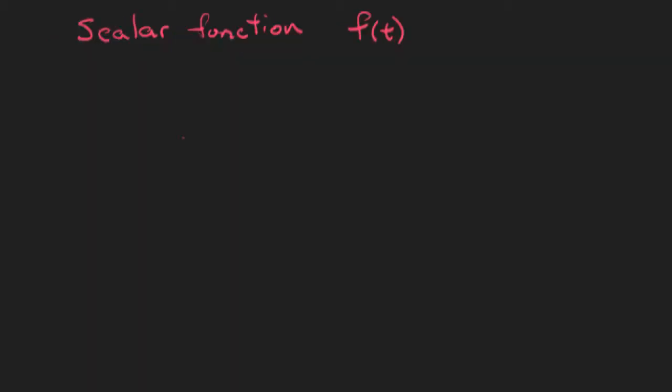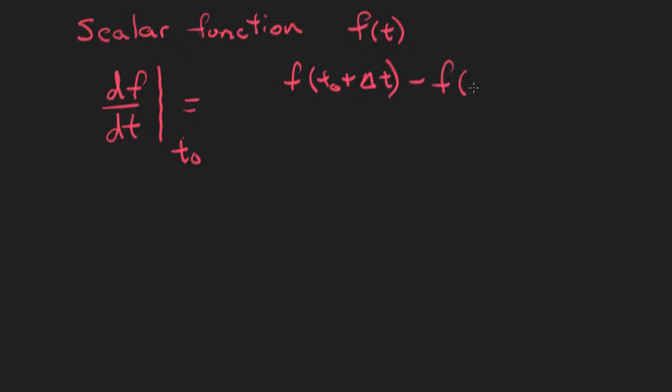Well, to see what's going on, let's go back to the scalar derivative. So here's a function f, it's a scalar function. Then the derivative of f with respect to t, evaluated at some time I'm going to call t0, is going to be the change in f divided by the change in t. So I have f at t0 plus some little delta t into the future minus f at t0.